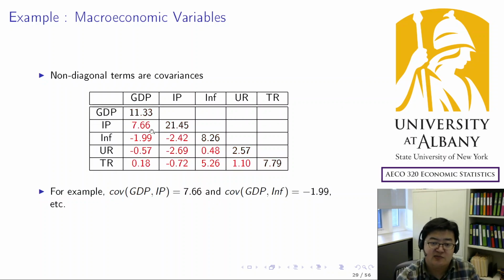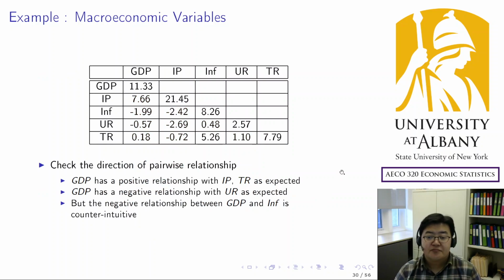And I explained these numbers correspond to the covariance of these two variables, column-wise and row-wise. So this matrix collects all the possible covariances you can calculate from the data. When you have 5 variables, you have this many covariances to calculate. And then you can just read one by one.